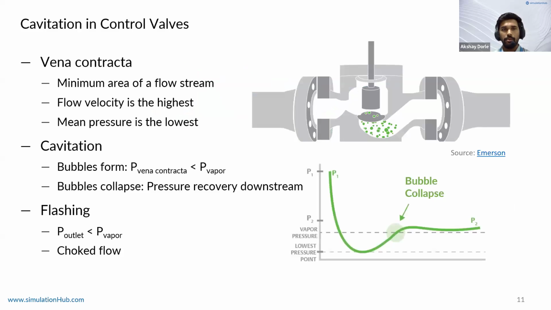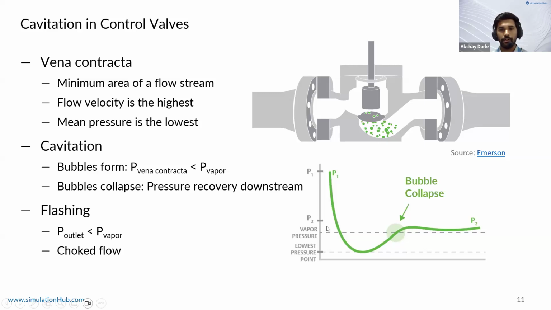So cavitation takes place near the vena contracta, it is the place where the flow velocity is the highest, the area is the lowest, and the pressure is also the lowest. This is where the bubble formation takes place, and then it is advected downstream.